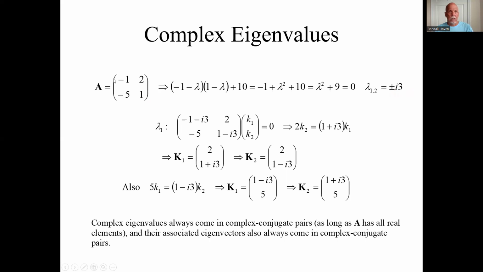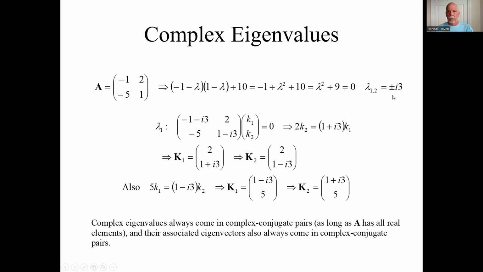So then subtract that. Now that we've done that, we find the eigenvectors. And once you find one eigenvector, the other eigenvector will just be its complex conjugate. Both eigenvalues and eigenvectors come in complex conjugate pairs. So let's do it just like we did when it wasn't complex.